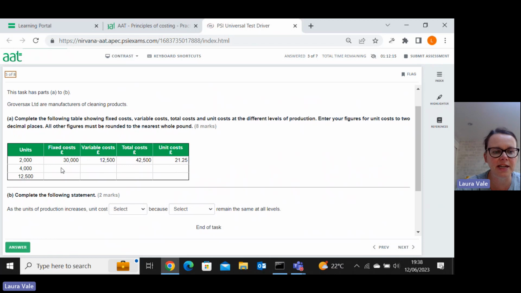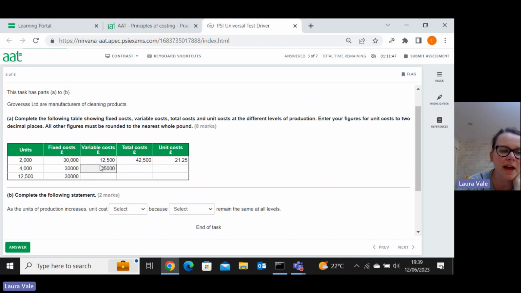Right, so fixed costs stay the same regardless of the level of output. Variable costs obviously change in line with the level of output. So 2 ways you could approach this. You could say, right, 12,500 for 2,000 units, so if I make double the number of units, then my variable costs must double.